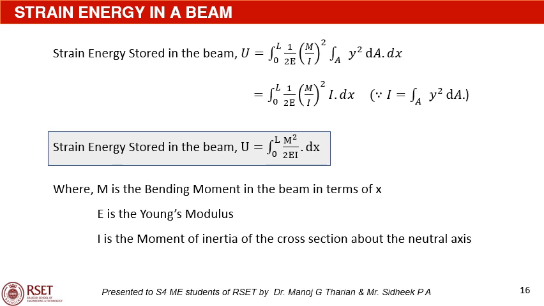That is, strain energy stored in the beam U is equal to integral 0 to L of M square divided by 2EI into dx, where M is the bending moment in the beam in terms of x, E is the Young's modulus, and I is the moment of inertia of cross section about the neutral axis.